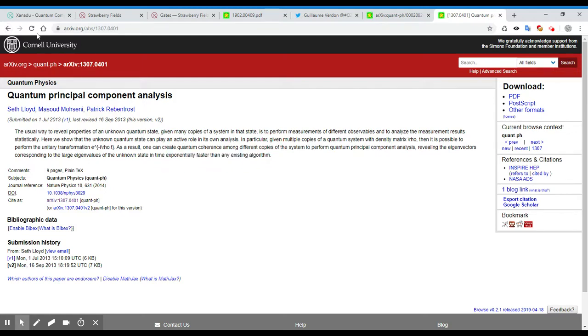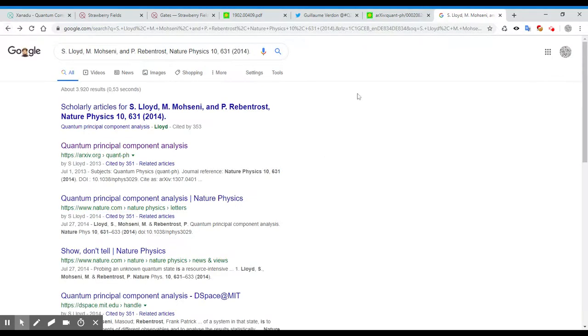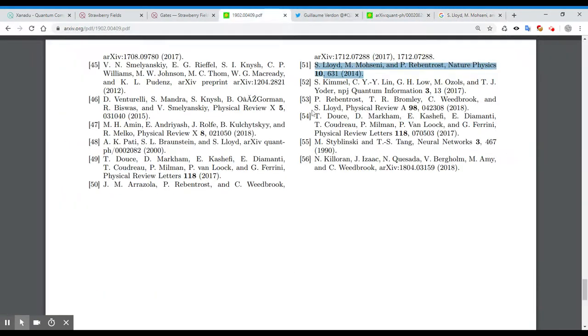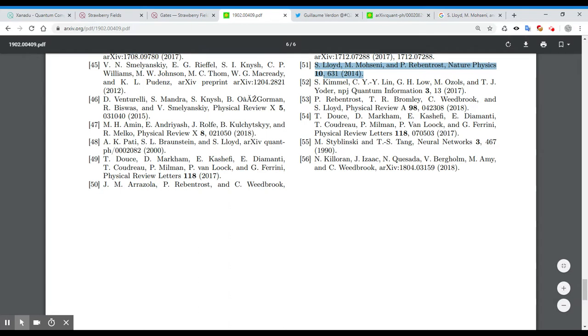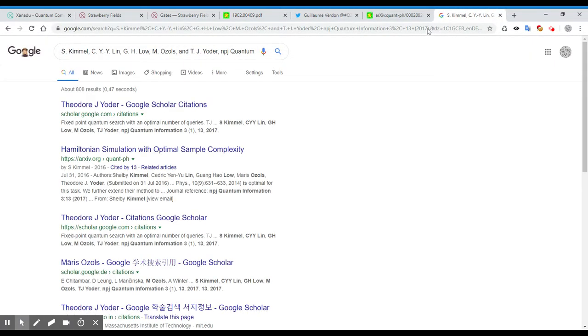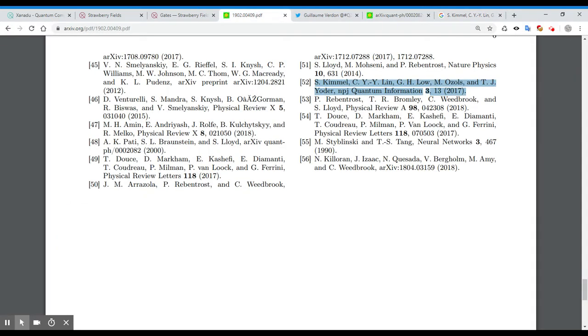Vectors, observables, multiple measurements, explanation. Those are really weird references.